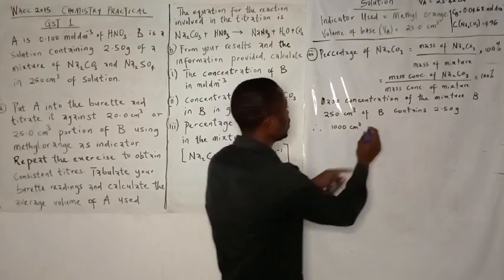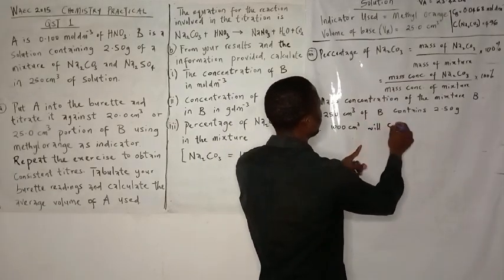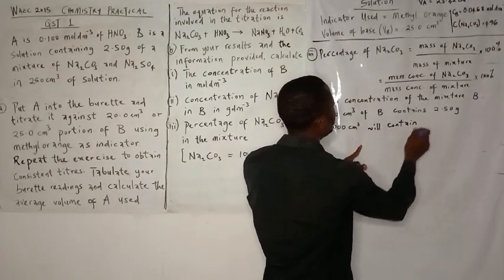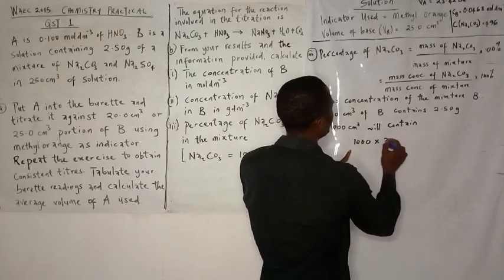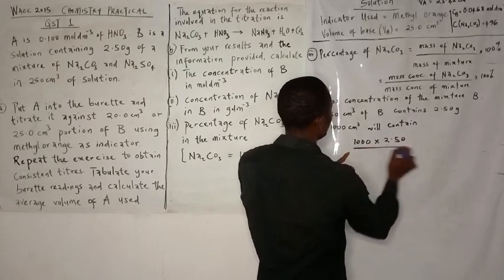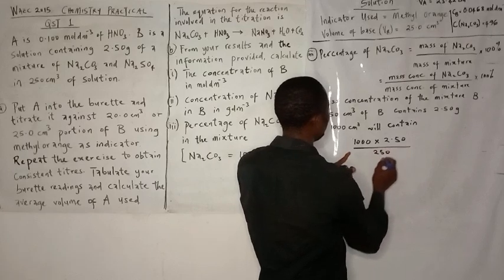So we have 1000 cm cube will contain 1000 times 2.50 divided by 250.